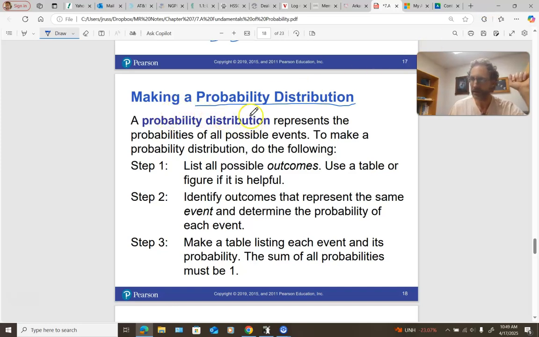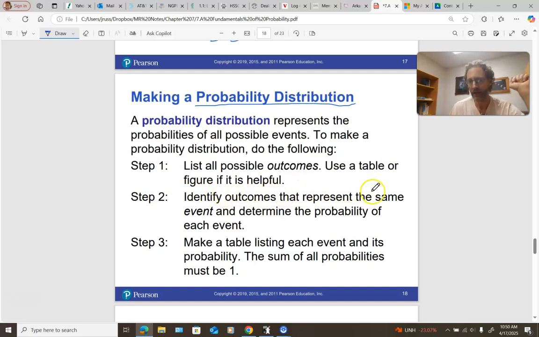Commonly you can see them as tables, and that's what we're going to see here below. What you do is you list every possible outcome, typically in a table, and then you list the corresponding probabilities for all those outcomes.